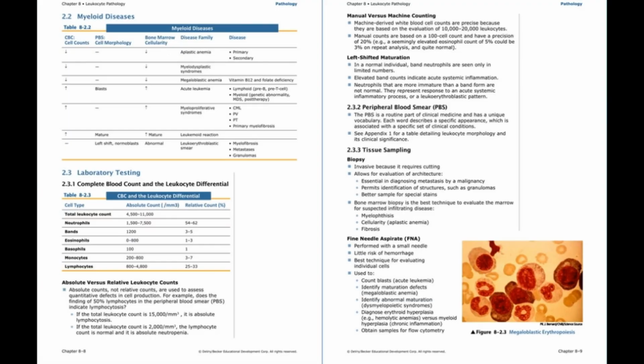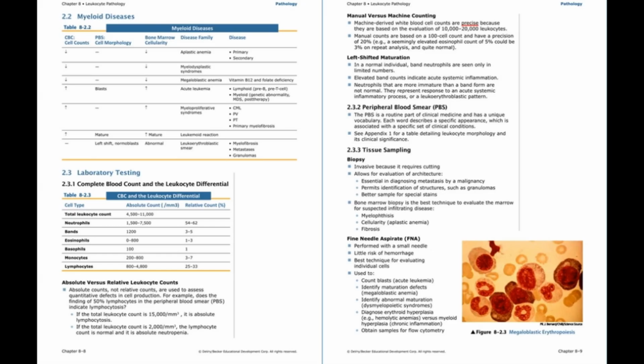The second thing to be aware of as you go to your CBC and you start looking at various counts of white cells is to know whether that white cell count has been derived by machine or by manual technique. Machine-derived counts are based on evaluation of 10 to 20,000 leukocytes and are very precise.